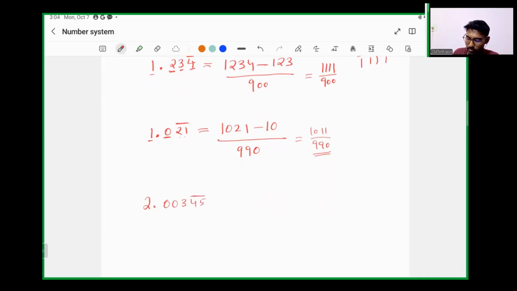2.00345 bar. Right. 4 and 5 are repeating. Okay.